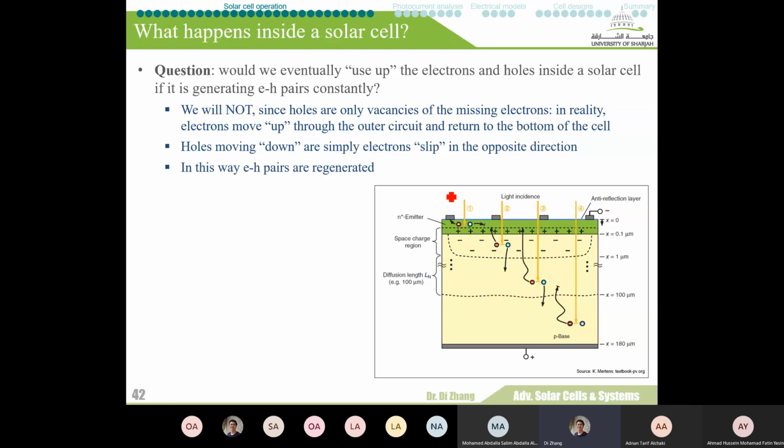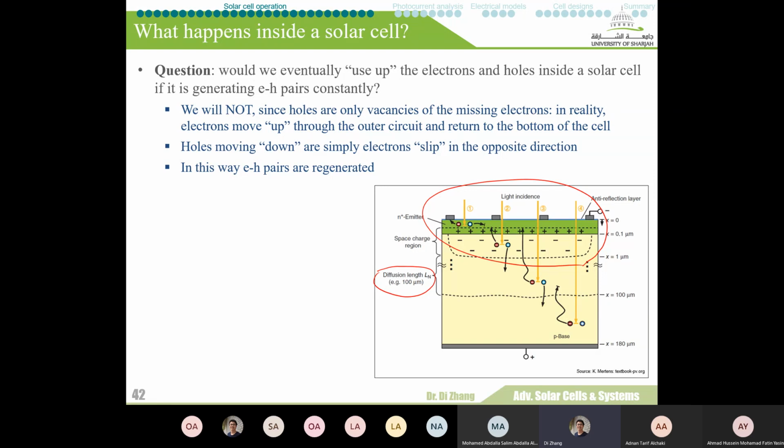If you remember the four different incident scenarios that we examined last time, depending on the location of the absorption of the excitation, these photons will have very different outcomes, depending very specifically on the diffusion length.